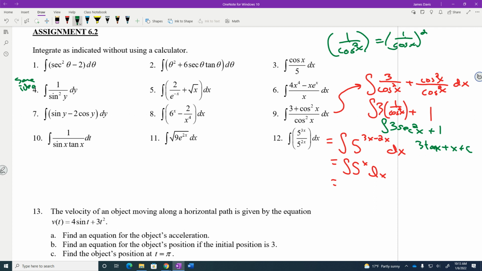How about, let's look at 10. Let's see if you guys can figure this one out now. How do we want to rewrite this? Maybe it's not as obvious.